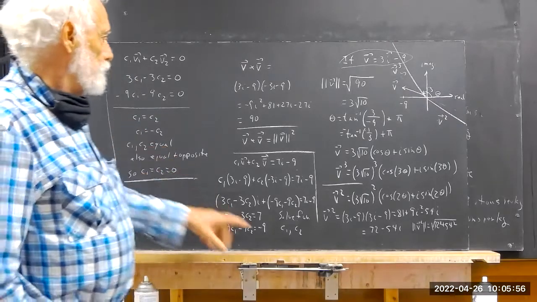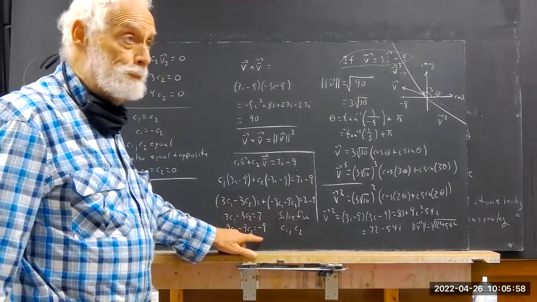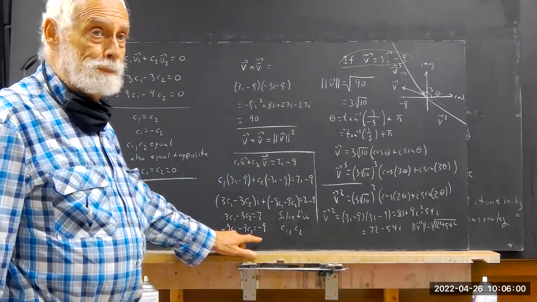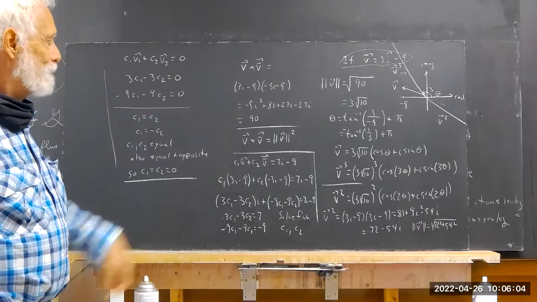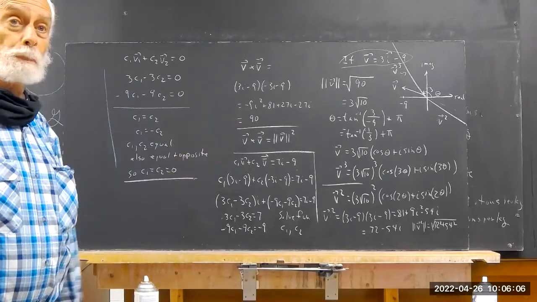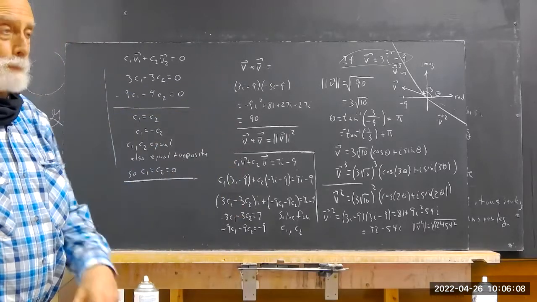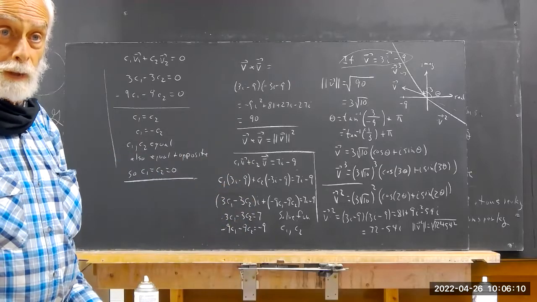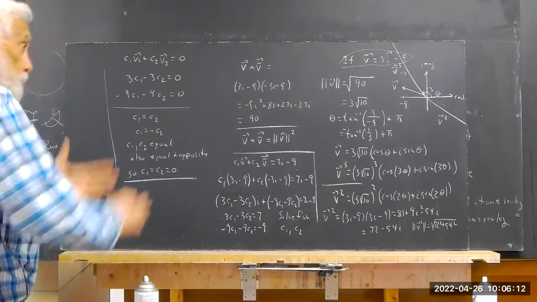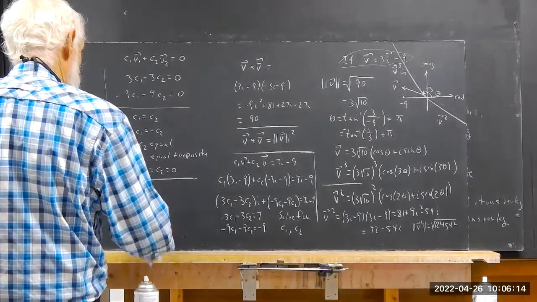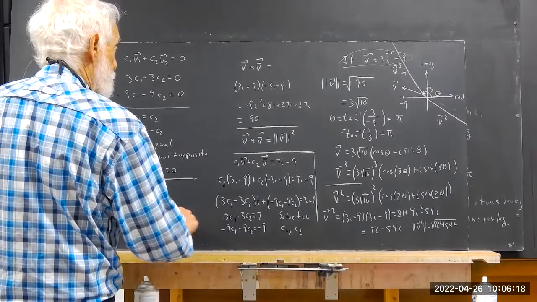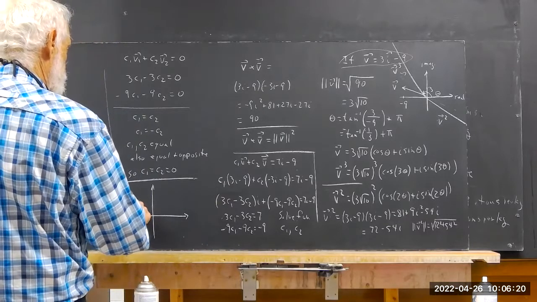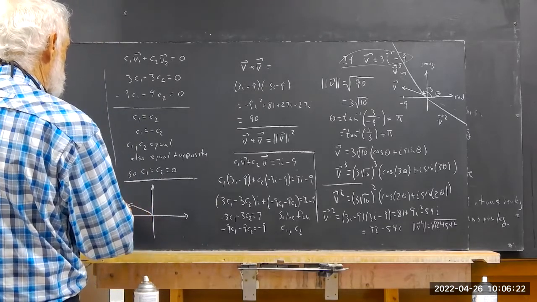Well, this proves that we can always solve this. Because this shows that these two vectors are linearly independent, or these two numbers can be regarded as linearly independent vectors. And if you plot them, so here's 3i minus 9.